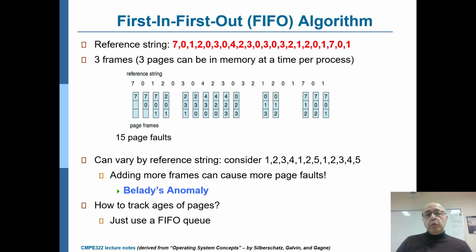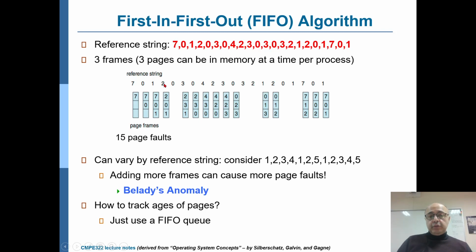So one solution is the first in, first out algorithm. This is, of course, the first one we'd think of. So given that reference string we mentioned, initially all 3 frames would be empty. Then you access 7, so you put 7 in the first one, 0 in the second one, 1 in the third one.